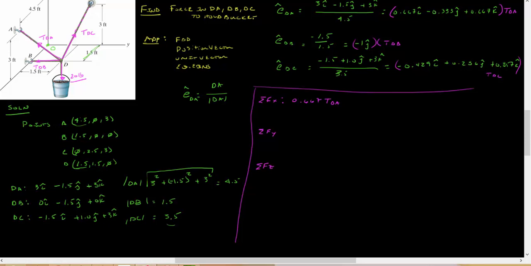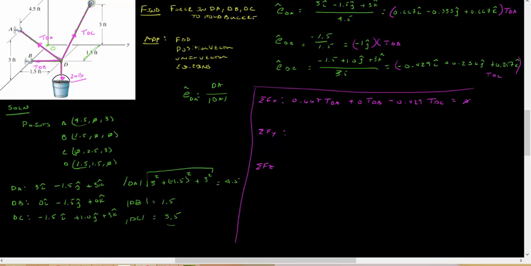Nothing here, we don't have a dB, so I'm going to put plus 0 TDB. And then for TDC, I'm going to have a negative 0.429 multiplied by tension DC, all equal to 0.